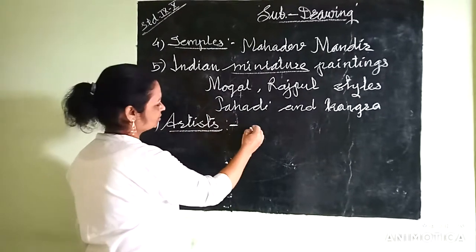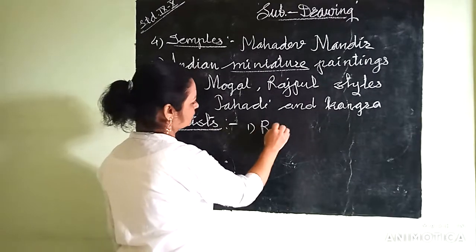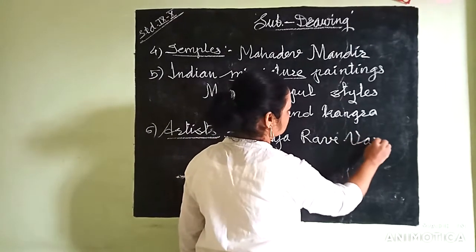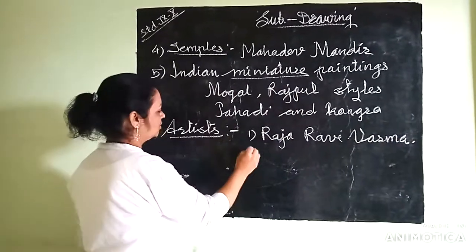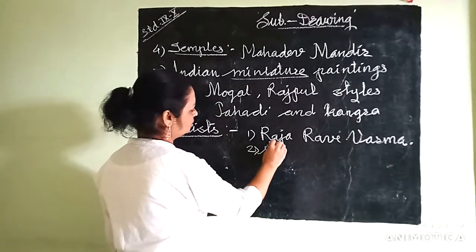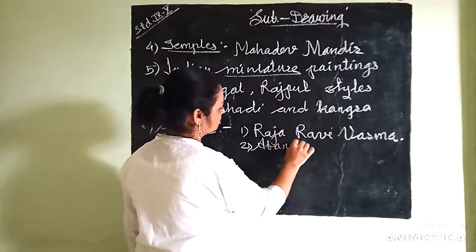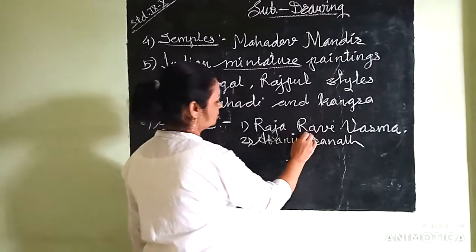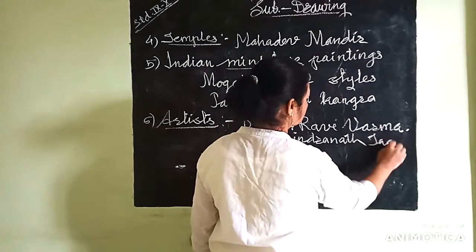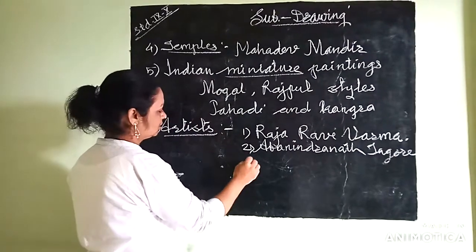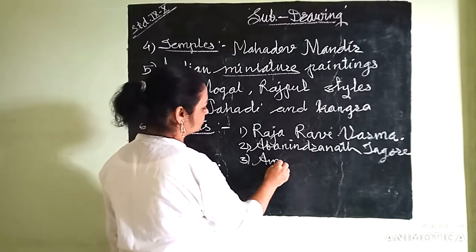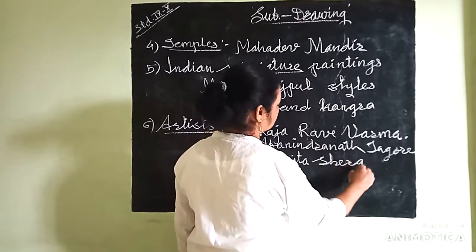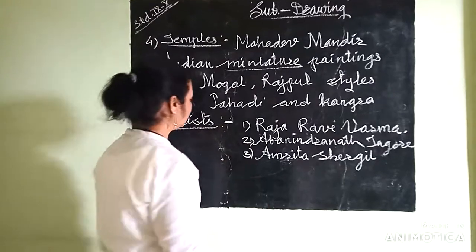You can choose old artists, for example, Raja Ravi Verma and Amrita Sher-Gil also. Or contemporary artists.